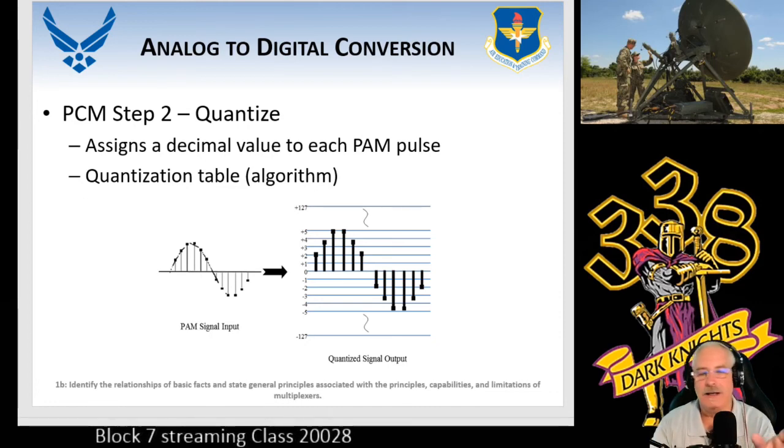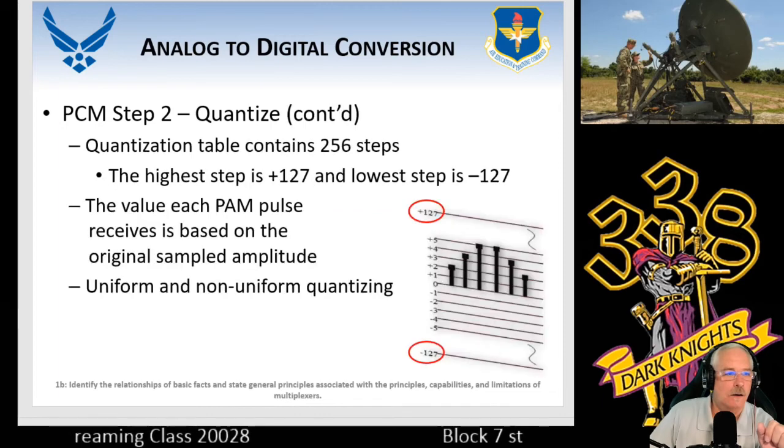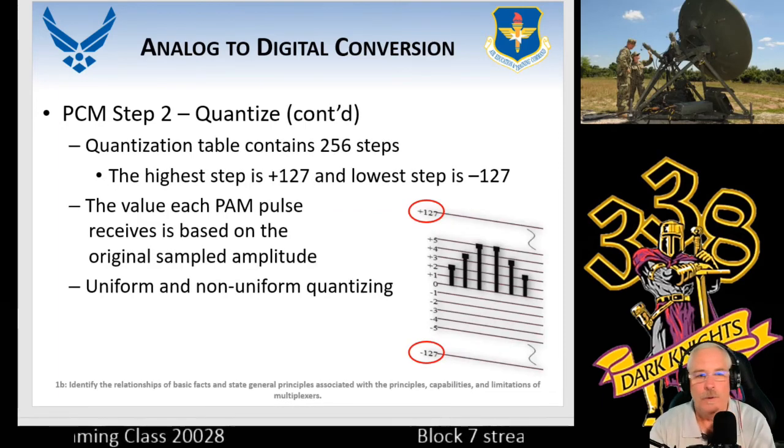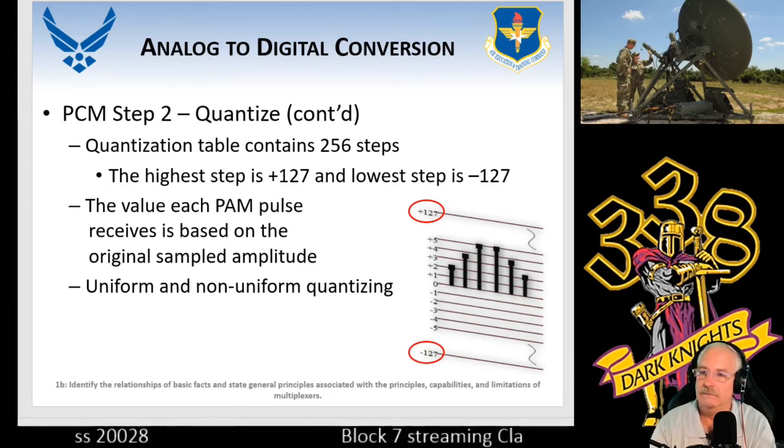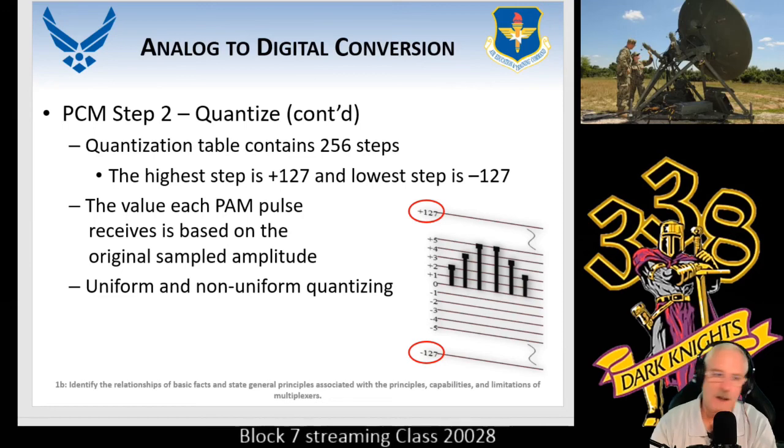We're going to take each one of those pulses and put it on that sheet with a figure. We have 127 lines to the positive and 127 lines to the negative. Okay. It says we got 256 steps. No, 255. I'll explain in just a minute.